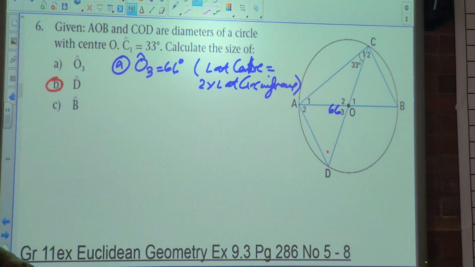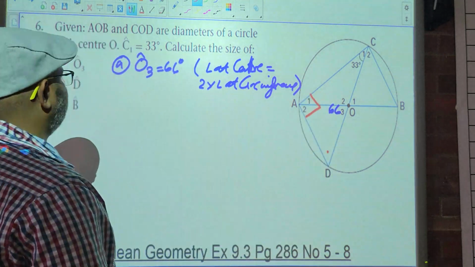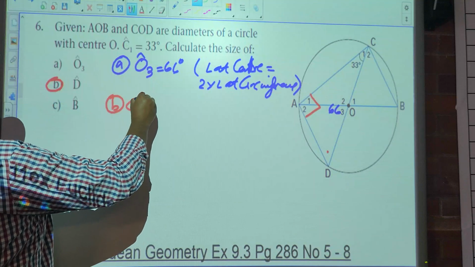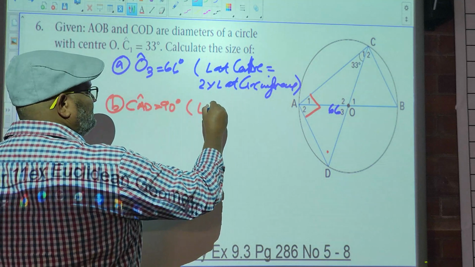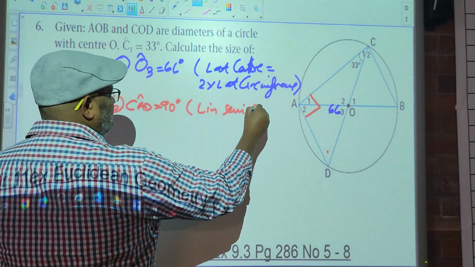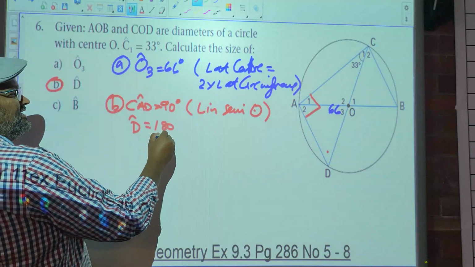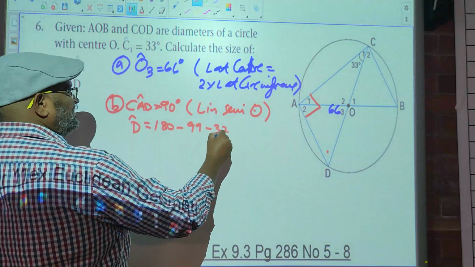Sum in triangles. But what do I need? I need A to be 90 degrees. So what do I say? CAD is equal to 90 degrees. Why? Angle in semicircle. So angle D is equal to 180 minus 90 minus 33.